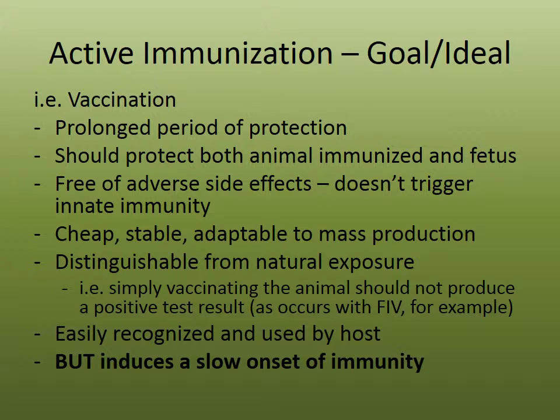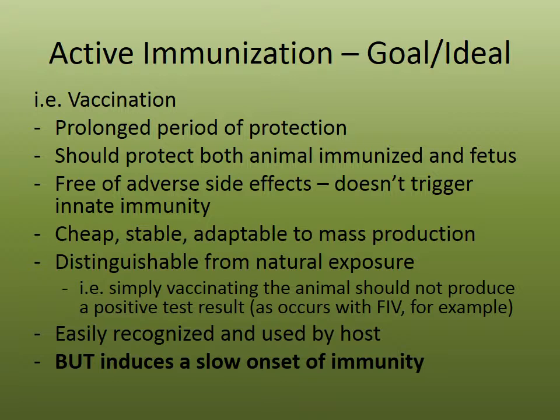They need to be distinguishable from natural exposure, so simply vaccinating the animal should not produce a positive test result. The big one in our field is FIV. If we vaccinate a cat against FIV, then we do a snap test later down the road for FIV, it will come out positive regardless of whether the cat actually did get exposed to FIV or does have FIV. That makes the test kind of useless. So not great. We want something that's easily recognized and used by the host.